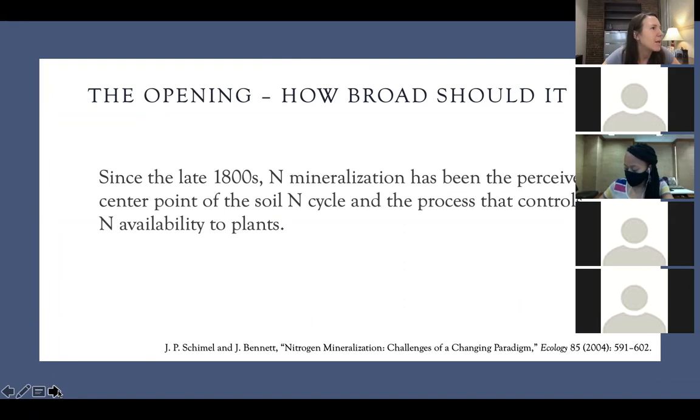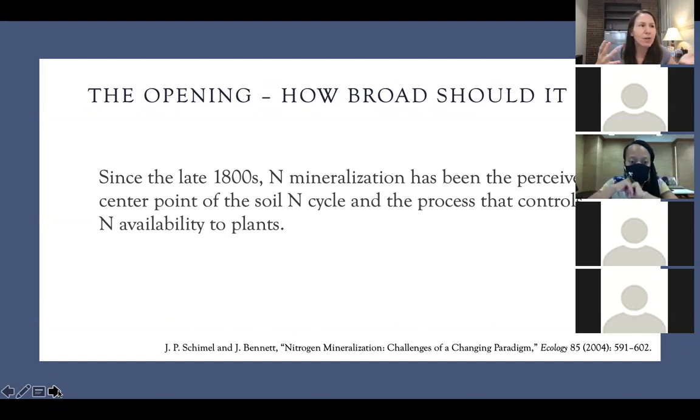So looking at this opening to a paper published in Ecology, it starts out, "Since the late 1800s, nitrogen mineralization has been the perceived center point of the soil nitrogen cycle and the process that controls nitrogen availability to plants."